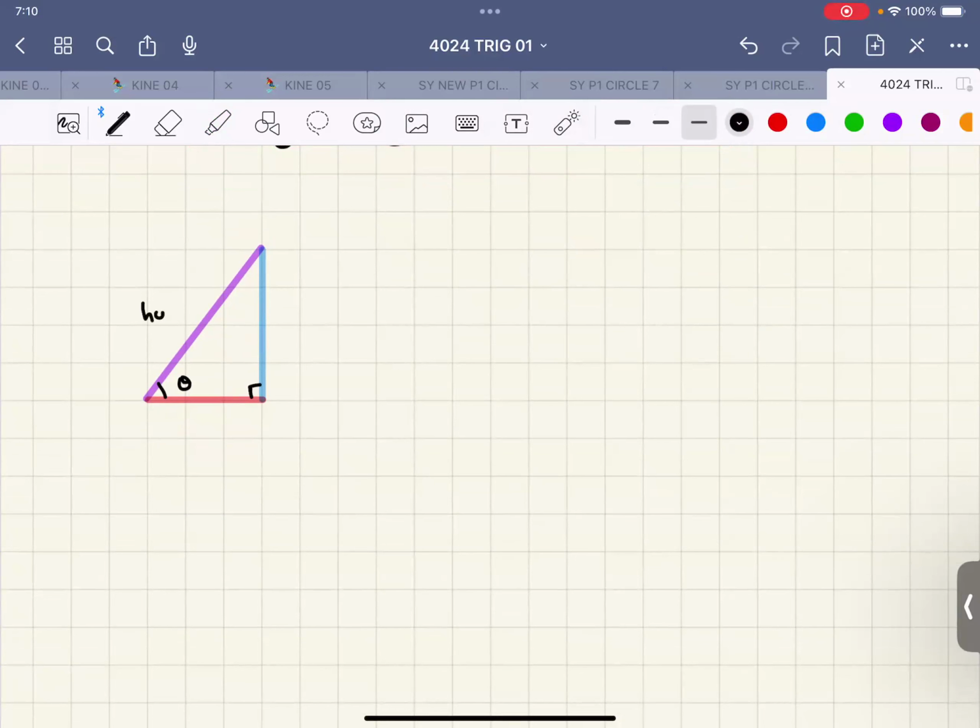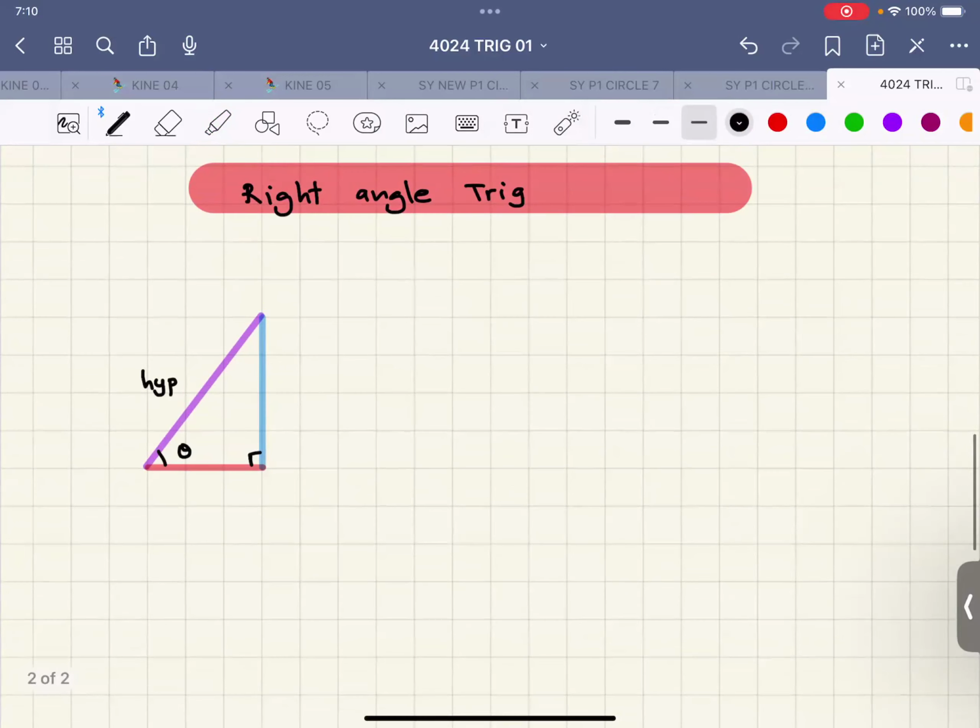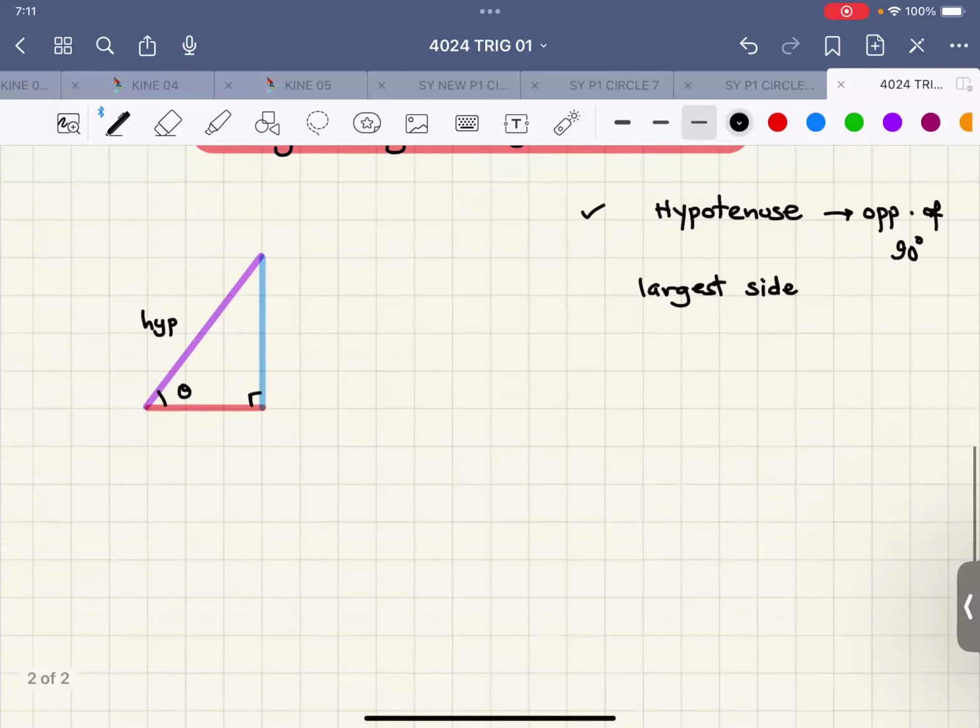The side opposite to 90 degrees is the hypotenuse, H-Y-P-O-T-E-N-U-S-E, if I got the spelling right. That's the largest side of a right angle triangle. So that's the first thing.